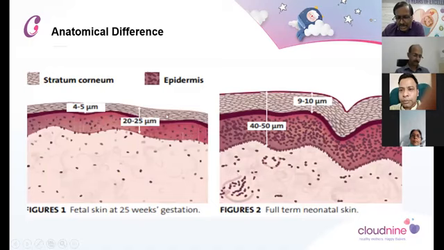And if you look carefully, the epidermis is also thin at 25 weeks, but in the term baby it is thick, almost double the size. And if you see the dermis carefully, here the collagen fibers and neurovascular bundles are less densely populated. But in the term baby, we see more dense collagen fibers and also elastin fibers.